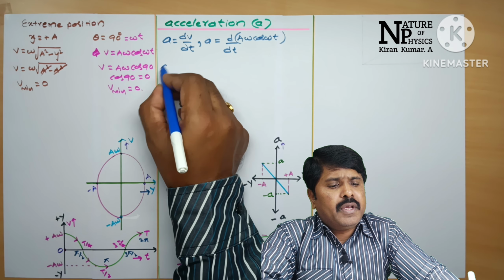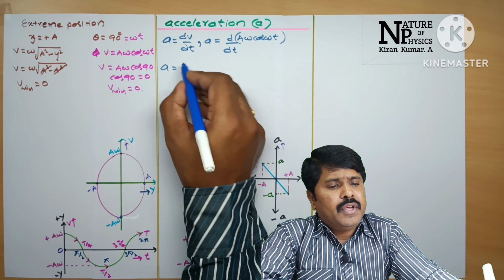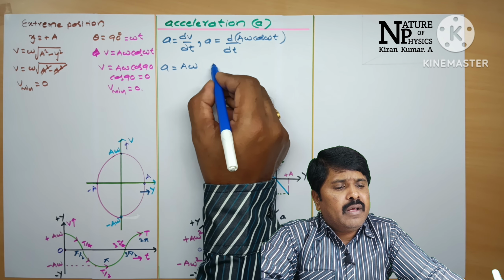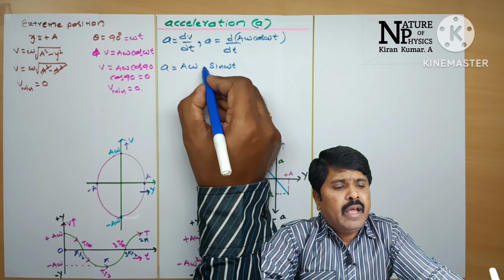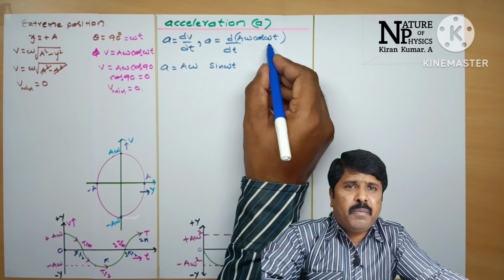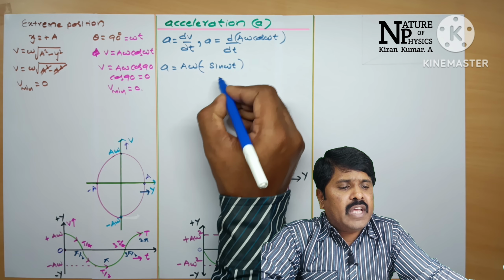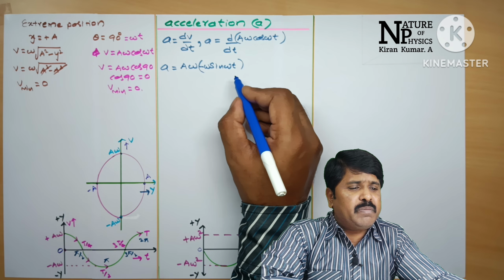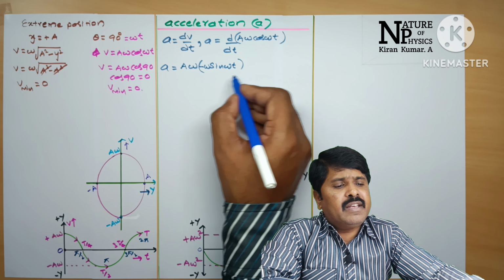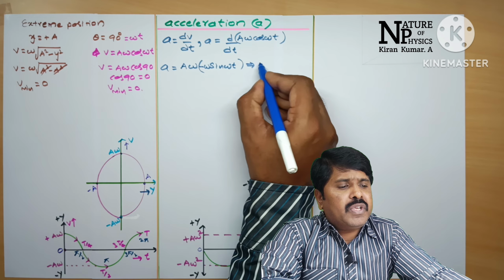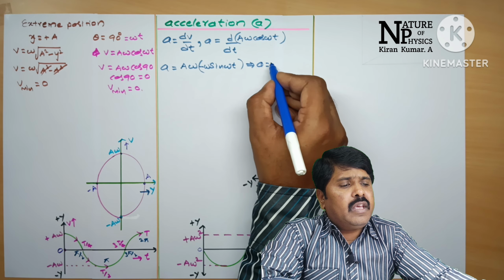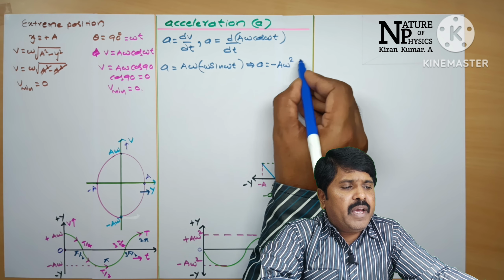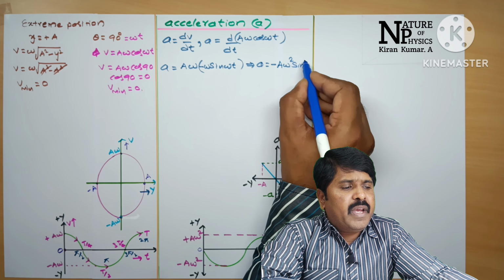Next step, a is equal to A omega common, and differentiation of cos omega t becomes minus sin omega t. Again omega is common because we are doing differentiation with respect to time only. Second time omega is constant, so the equation of acceleration is a equal to minus A omega square sin omega t.